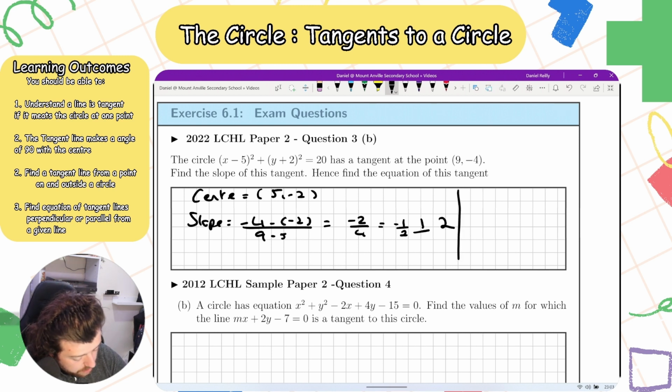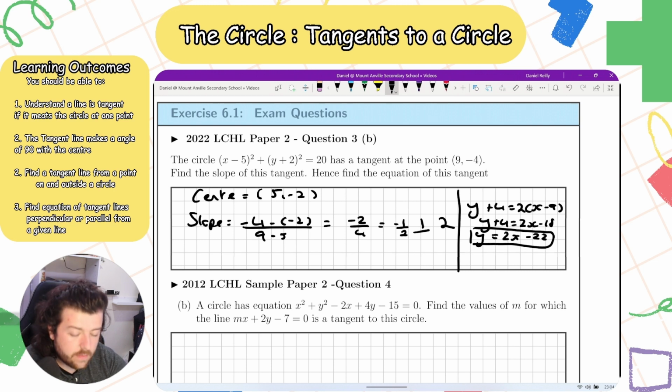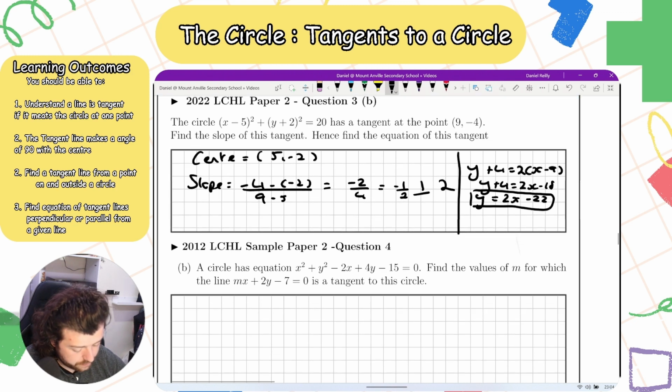And since my perpendicular slope is 2, my equation is going to be y minus -4, which is y + 4, equal to 2 times (x - 9). y + 4 = 2x - 18. y = 2x - 22. That is my equation of a line there. Right.